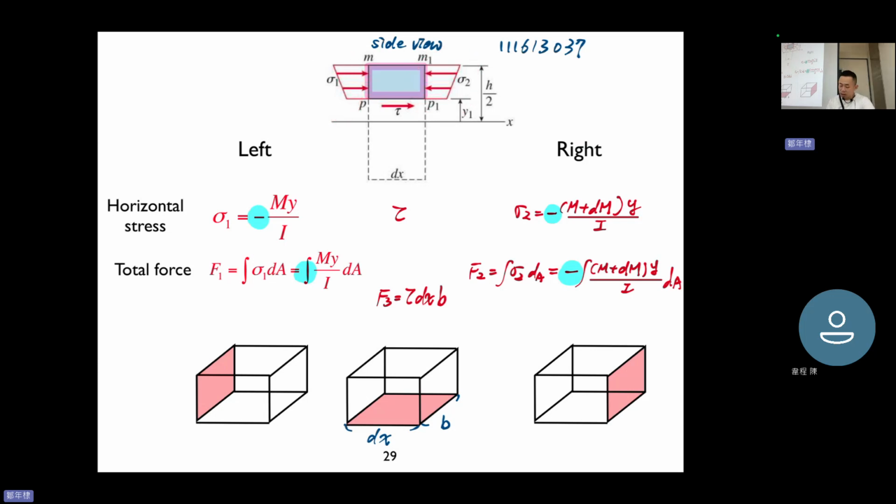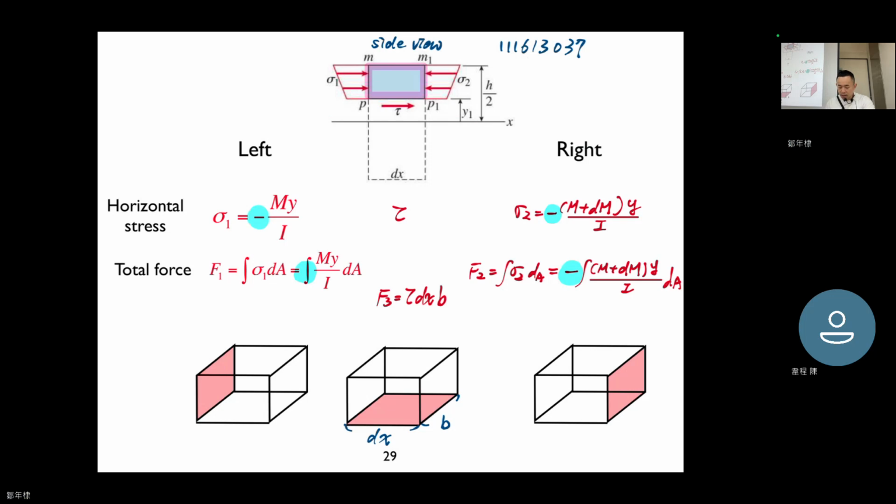have normal stress due to the moment, right? The left-hand side is M, the right-hand side is M plus dM. So there are three forces. The force of course comes from stress times the area.